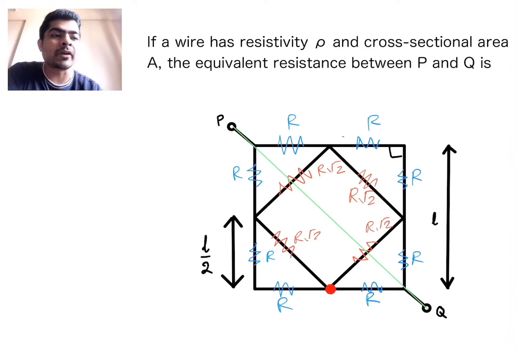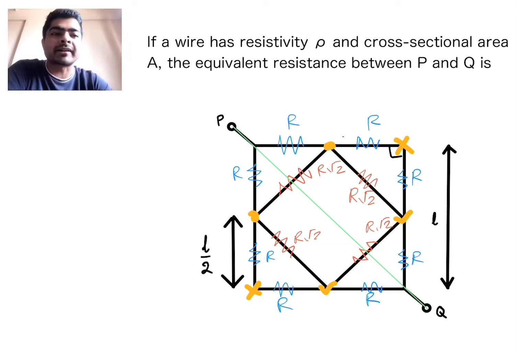This point will have the same potential as this point. This point will have the same potential as this particular vertex. So the vertices with the same potential can be merged together. I will merge this point with this point, this point with this point, and this section with this section.